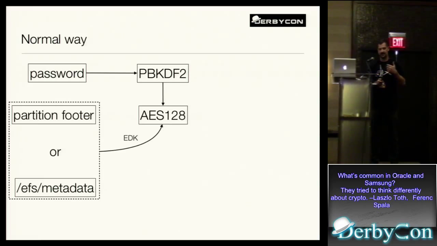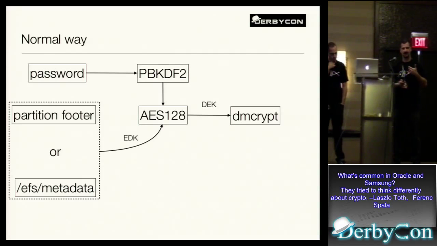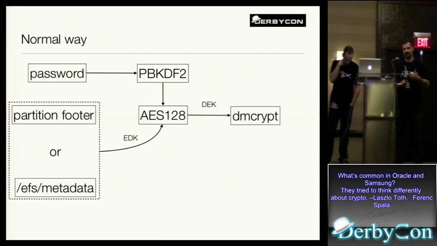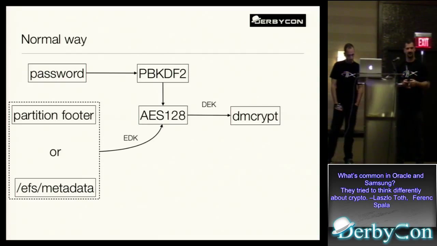The encrypted disk key is AES decrypted with the key derived from the password. In order to perform the actual encryption, Android uses dm-crypt, which is transparent disk encryption in the Linux kernel. That's why it's quite easy to mount an Android encrypted disk image under Linux. We will demonstrate this later in case of Samsung.